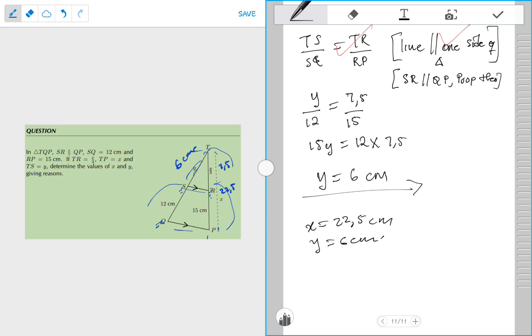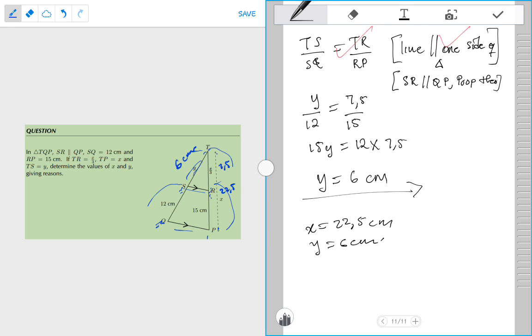On Friday I'm going to send some tutorials where I will do some more examples so that we can understand more. So just play around with these triangles, and don't forget the reasons, because we are going to be given marks for them.